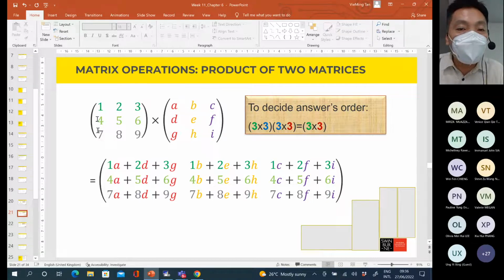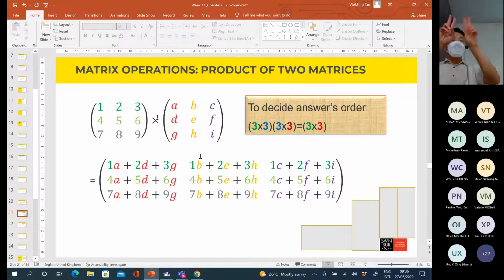This matrix is 3 multiply 3, and this one is also 3 multiply 3, the same. So we can confirm that we can multiply these two matrices together and get a result, because both matrices have the same number of columns and rows.